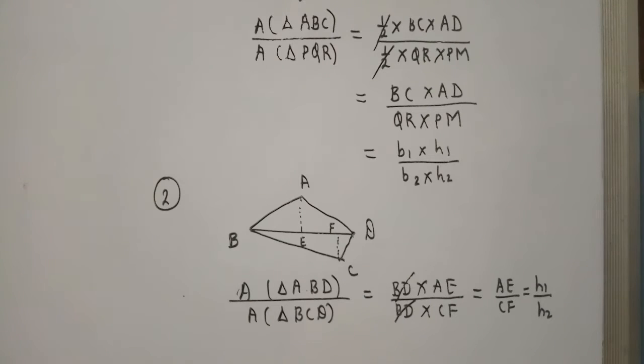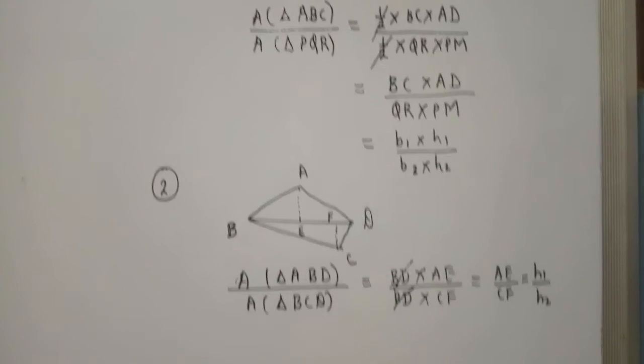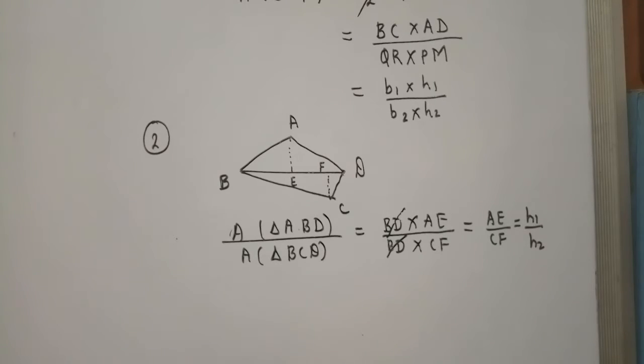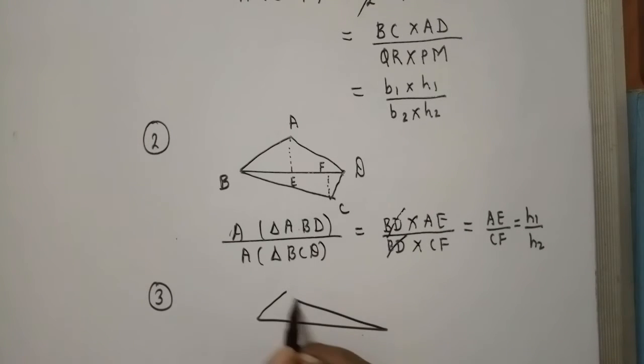Let's see the third case. The third case is again another triangle. I think the diagram is not clear, so I'm just clearing it and making it again so that you can understand. In this case this is ABCD.